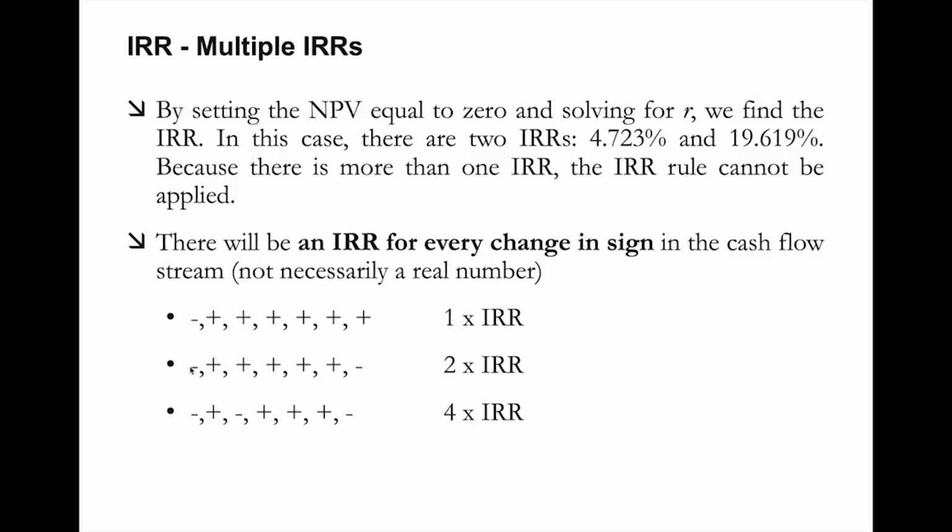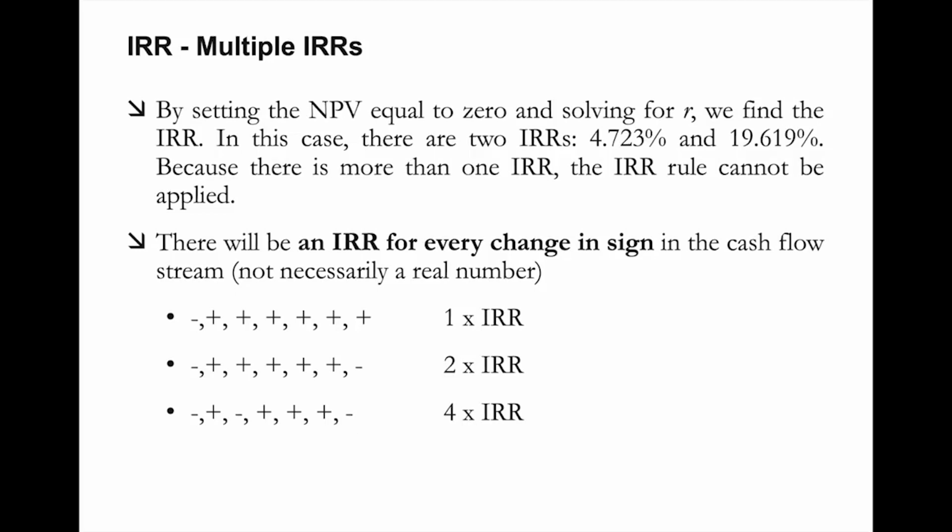In this second example, our cash flows start negative, go to positive, that's one change, and then at the end they go from positive to negative, that's two changes. In the last example where we have 4 internal rates of return, we go negative to positive, that's one change, positive to negative, that's the second change, negative to positive, that's a third change, and then lastly positive to negative, that's a fourth change.